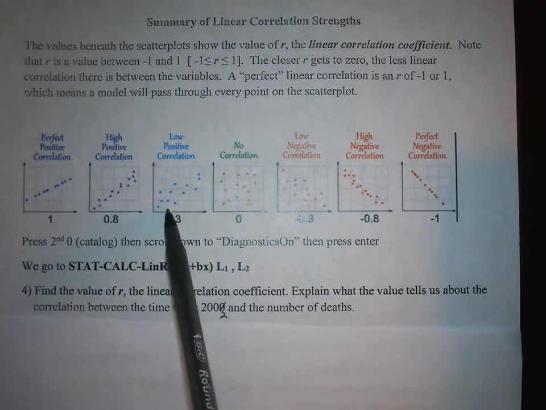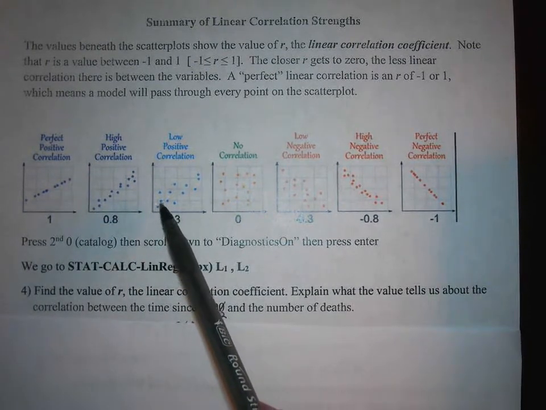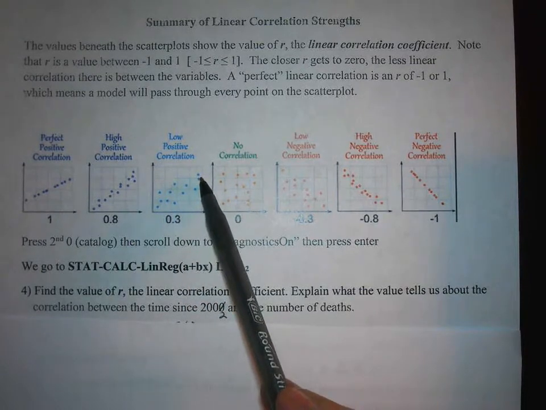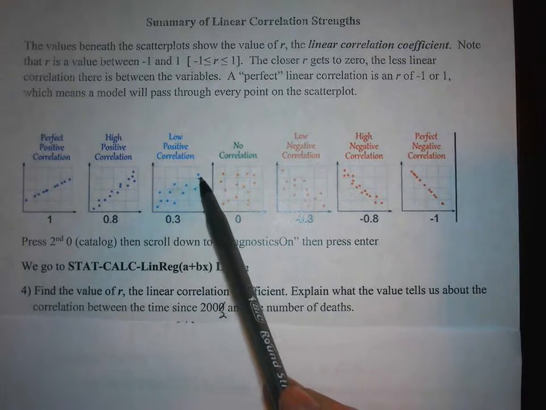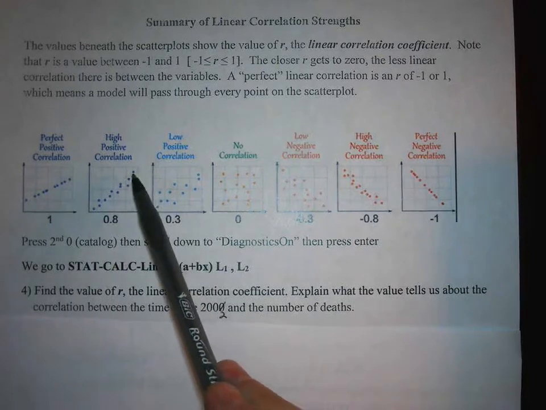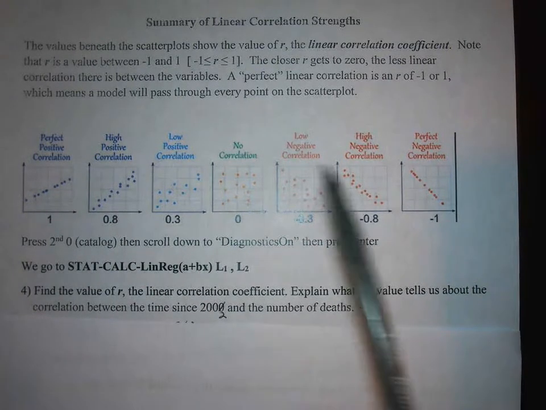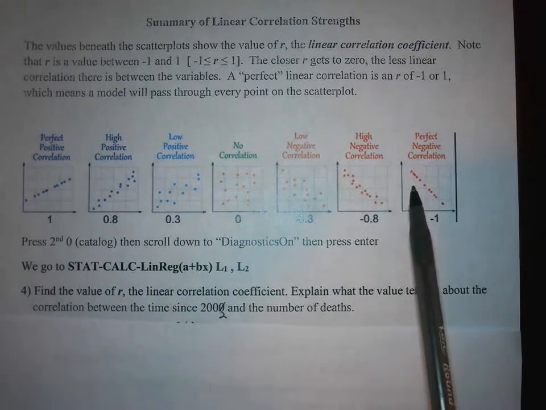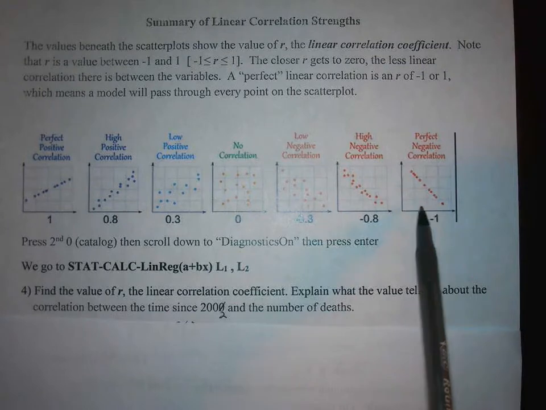A low positive correlation: the R value is about 0.3, but you can still see a general trend upward. But if you were to draw a line going in the upward direction, those points are more scattered around that line than they were for the high positive correlation. Okay, negative correlations are the same idea as the positive correlations, except you have a decreasing trend or a downward trend rather than an upward trend.